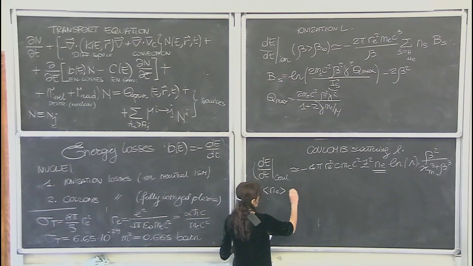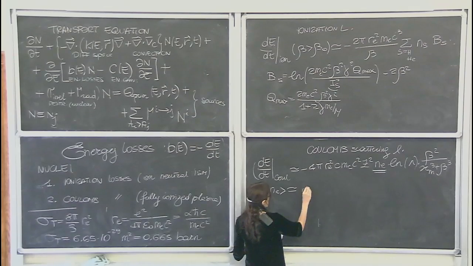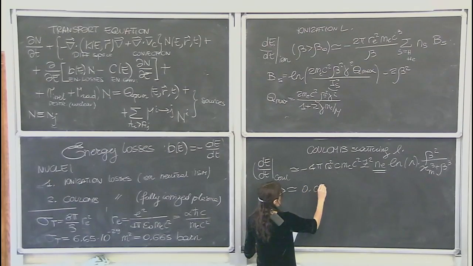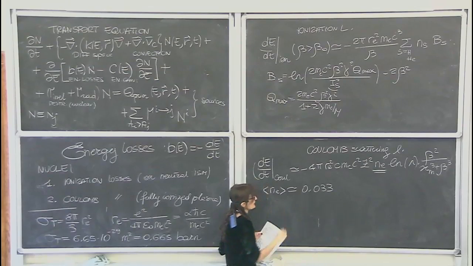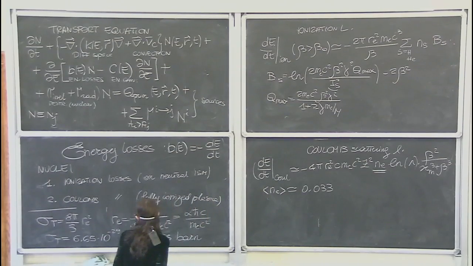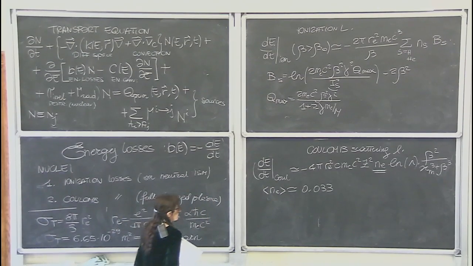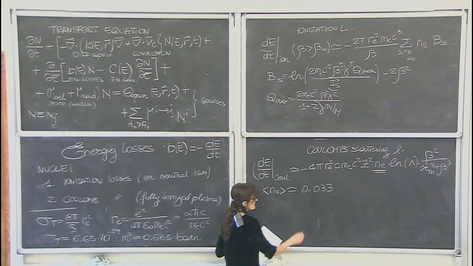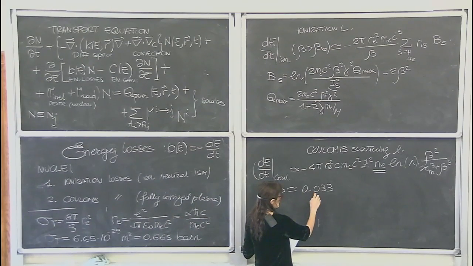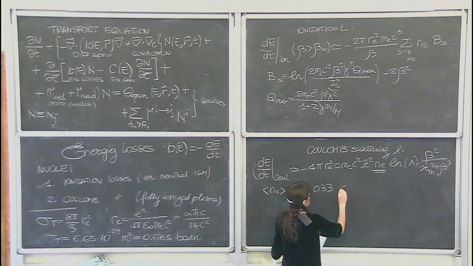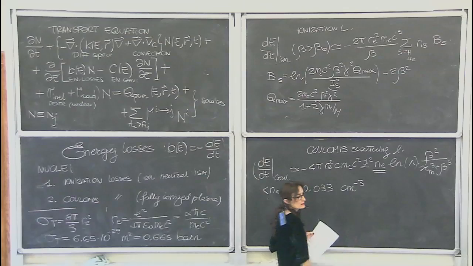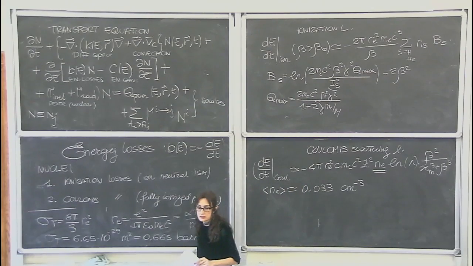This huge activity brings us to an estimation of this electron plasma, which is 0.03 ionized electrons per centimeter cube.